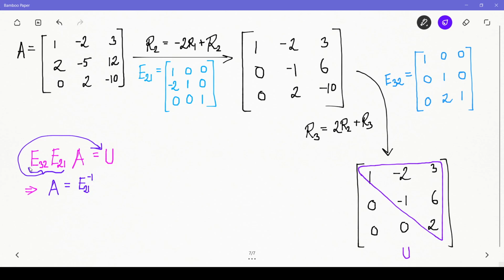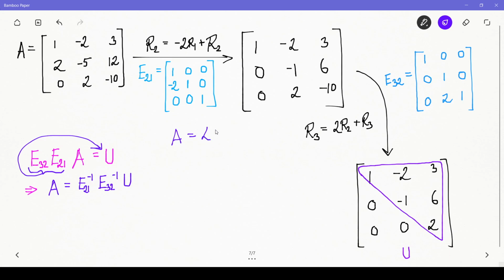The order will be flipped around. We have E 3 2 inverse, then we have U. And since by definition the LU decomposition gives us what?